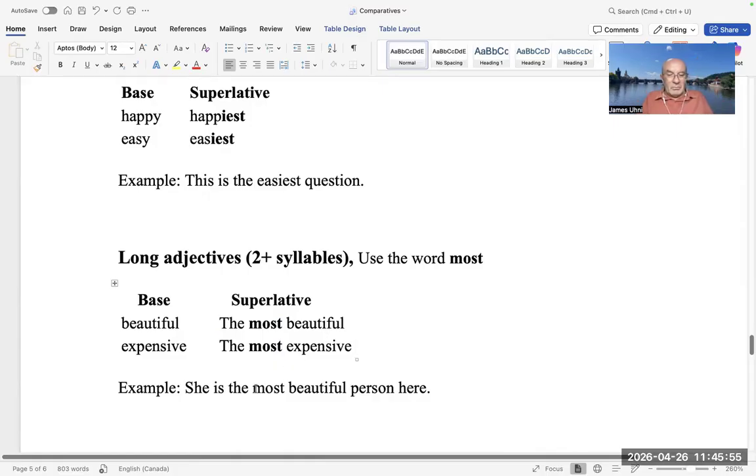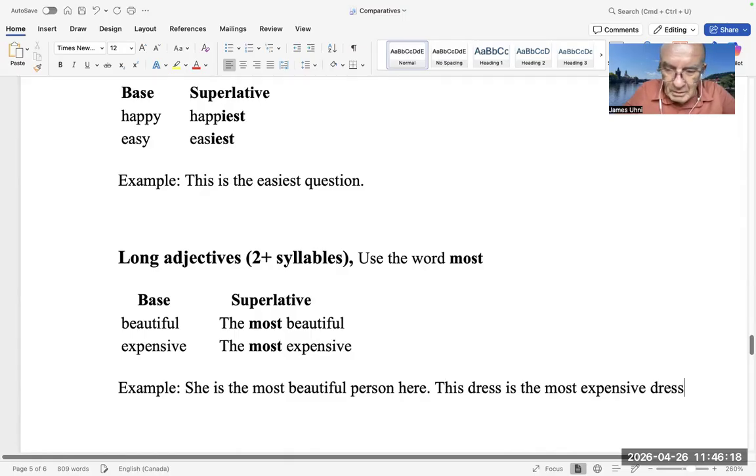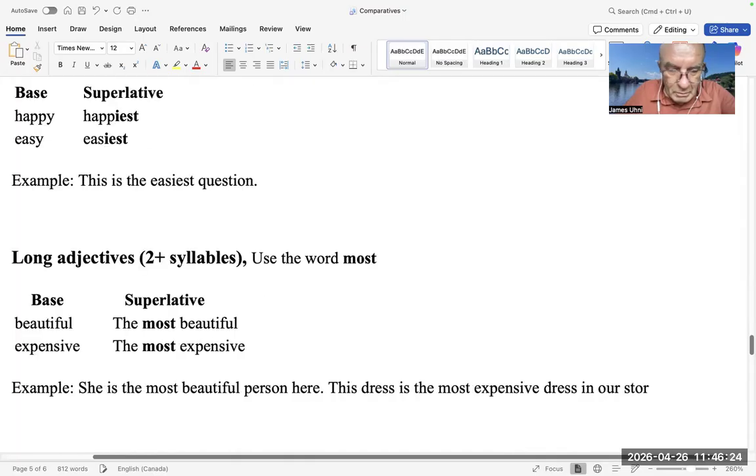She is the most beautiful person here. Or we can say, this dress is the most expensive dress in this store. In our store.